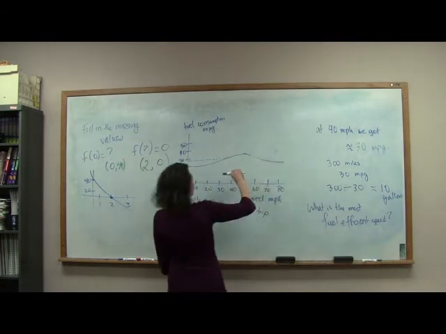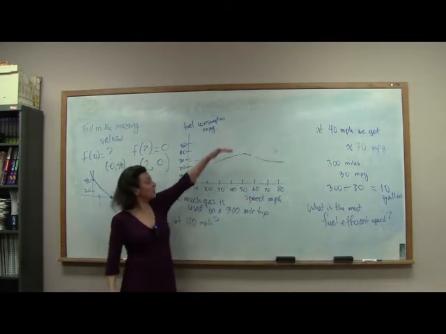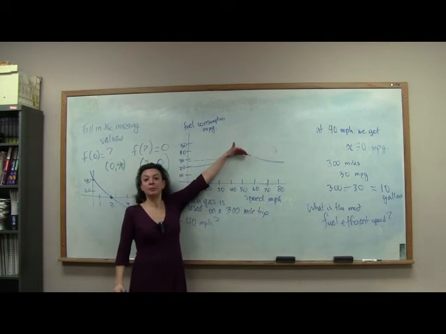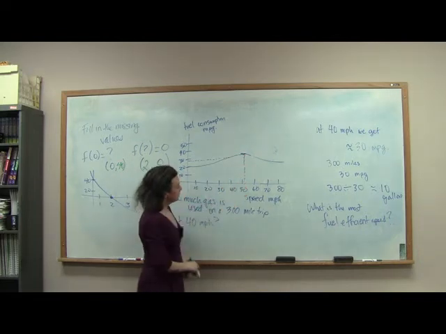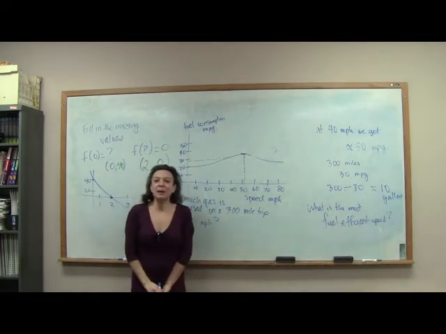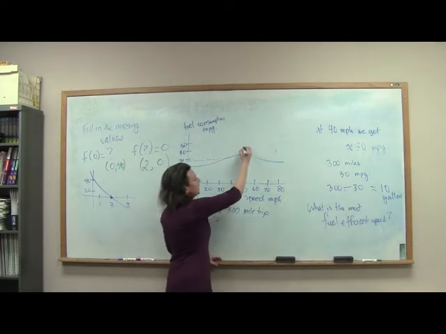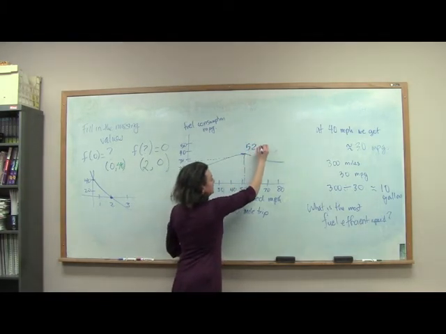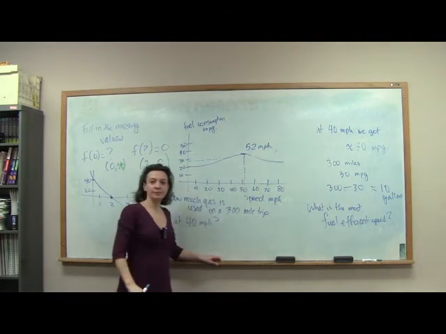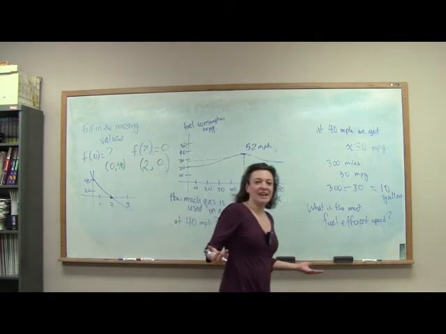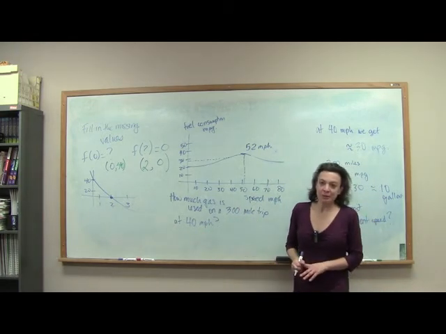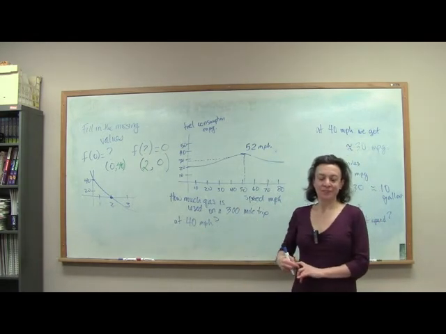We look at our graph and we say, well, where does it look like we get the maximum number of miles per gallon? Okay, right here seems to be the high point of my graph. I go down, and at least by my graph, it looks like approximately 52 miles per hour. If I had drawn it more accurately, we would actually get 55 miles per hour, but this is good for an estimation.